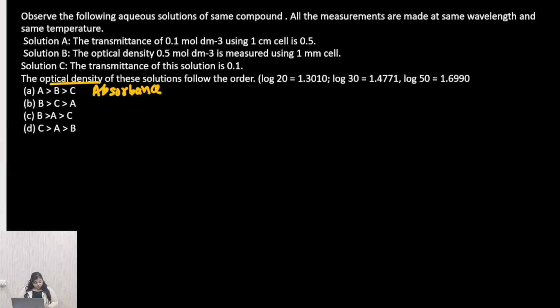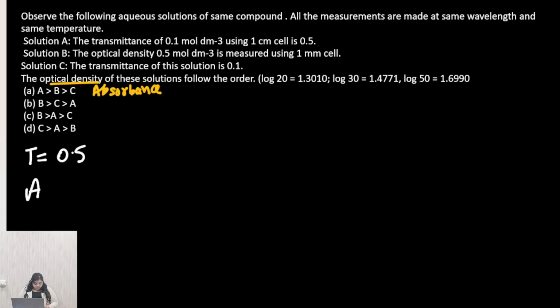So the first is about solution A. It is saying that the transmittance of a 0.1 mole per decimeter cube solution using the 1 centimeter cell is 0.5. So here the transmittance value we are having is 0.5, right?